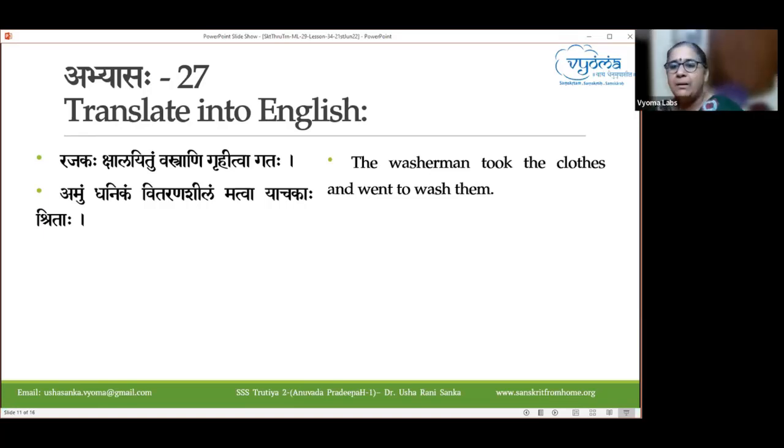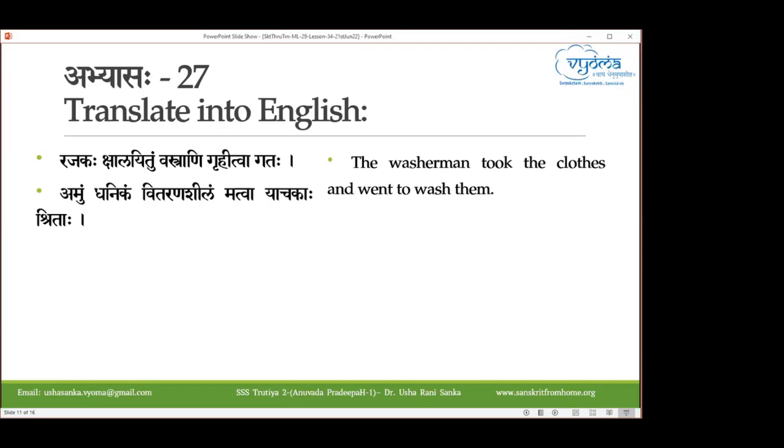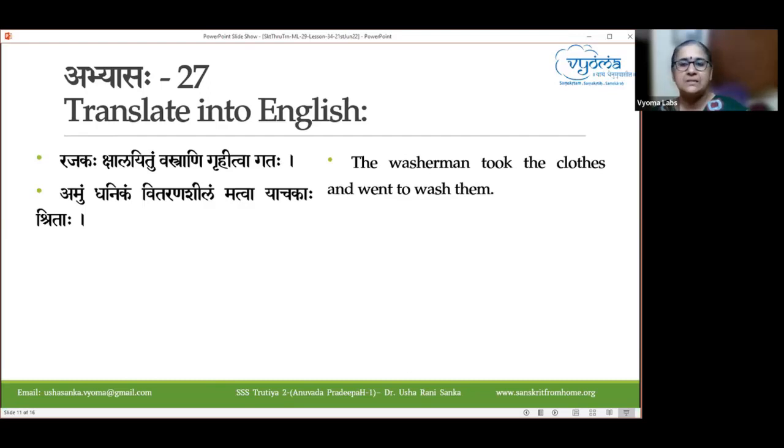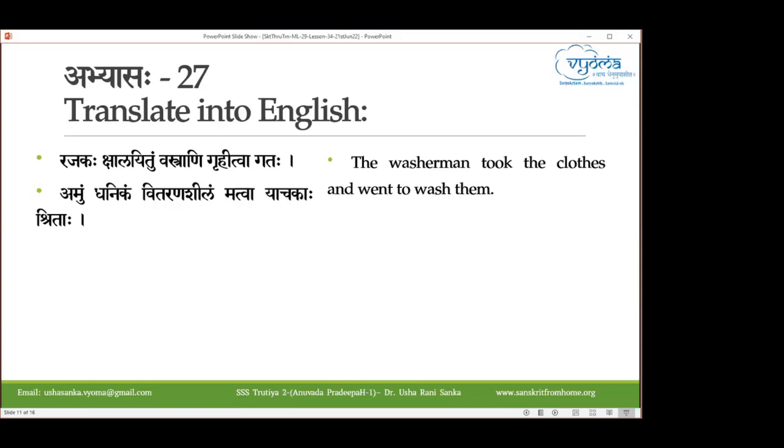So what is matva? Matva is having thought. Isn't it? So begin the sentence like that. Man is to think. Matva is having thought. Amum dhanikam vidaranashilam, yachakaha shritaha.